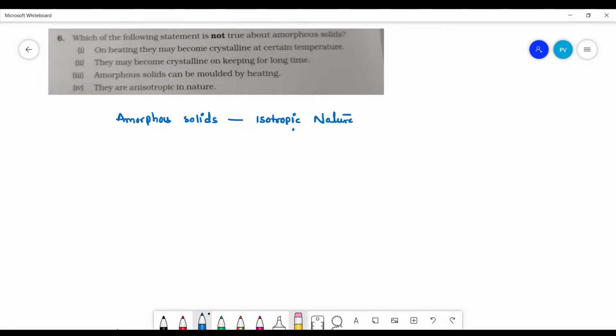Isotropic means having the same physical properties in all directions. The fourth option says they are anisotropic, but that is wrong because they are isotropic. So the answer is the fourth one.